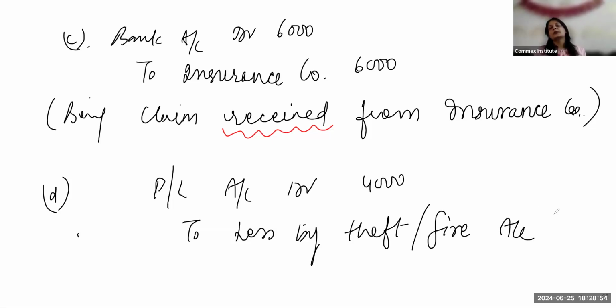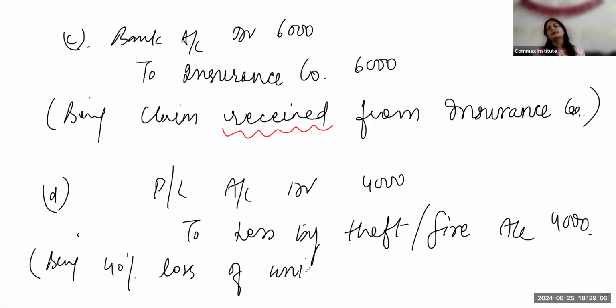The remaining 4,000. Okay. Being 40% loss of uninsured stock transferred. TFD means transferred to profit and loss account.